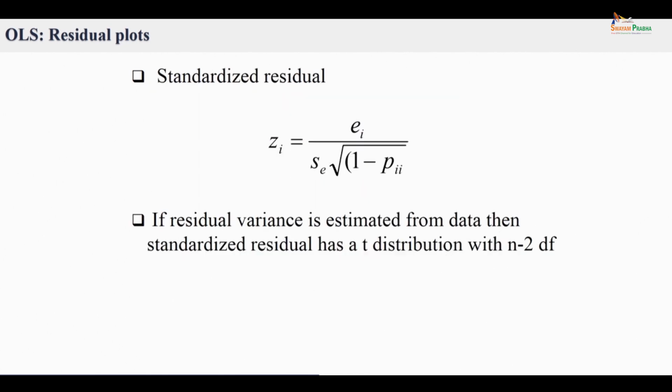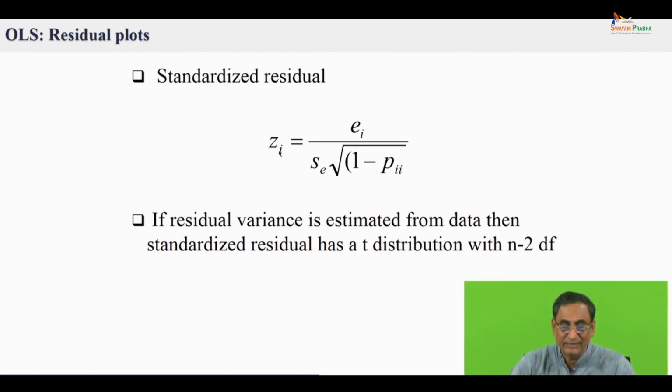We will standardize these residuals, where what we mean by standardization is to divide the residual by its estimated standard deviation. All of this can be computed from the data, and therefore you get for each sample a standardized residual after performing the linear fit, which is given by this quantity.